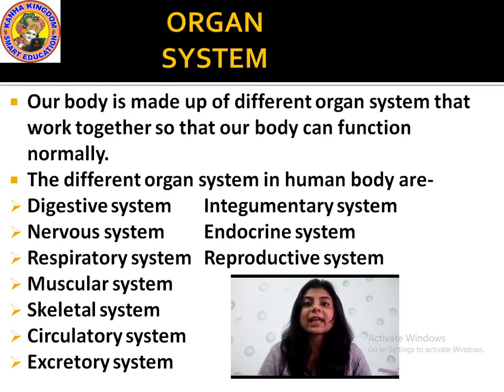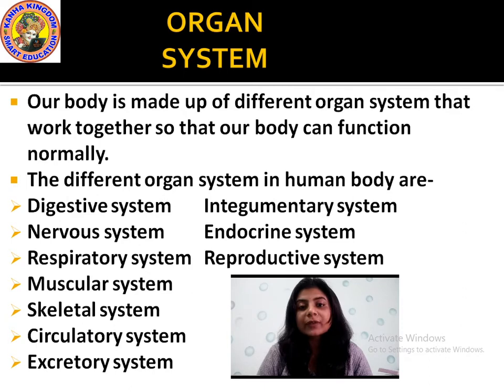It is written in the slide. Then comes the muscular system, the muscles that are present in our body. All these things are functioned by the muscular system. Then the skeletal system. The skeletal system consists of the bones in our body. How many bones are there in the body?